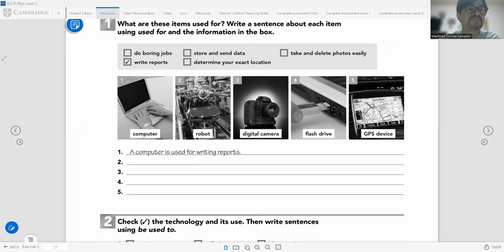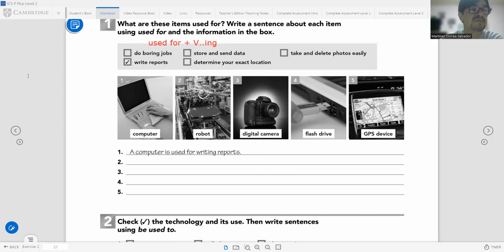When you use for, you have to use a verb with ing, like the first example that you already have here.